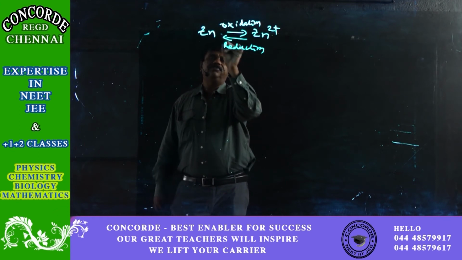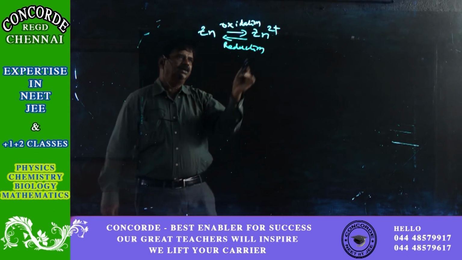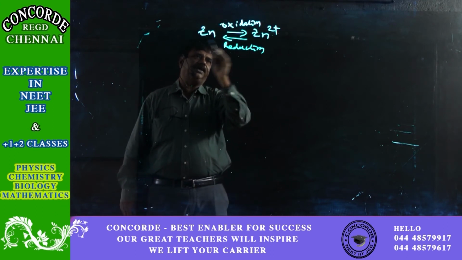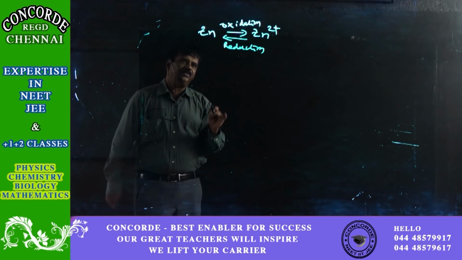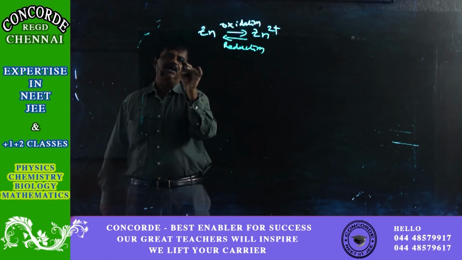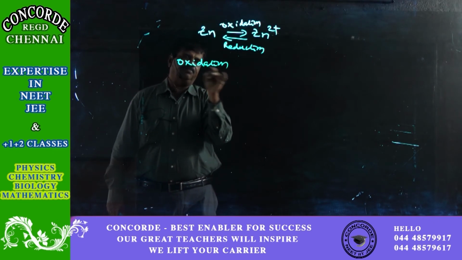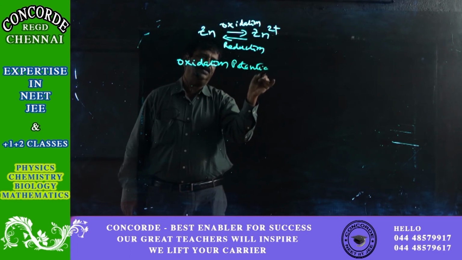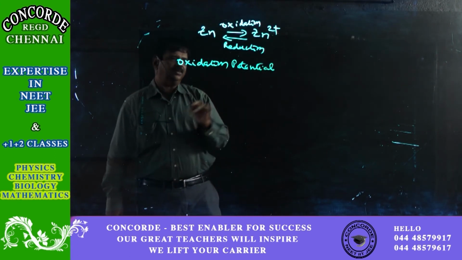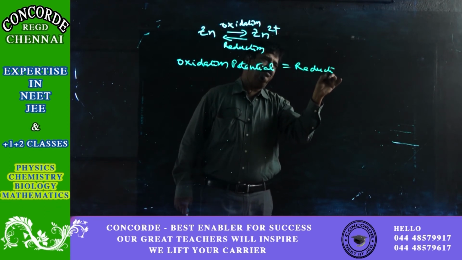So if it is a reaction of oxidation, then it is called oxidation potential. If it is a reaction involving reduction, it is called the reduction potential. Both the oxidation potential for zinc and the reduction potential for zinc are the same, but one will be in plus, the other will be in minus.